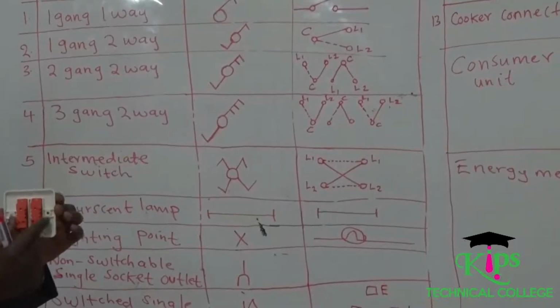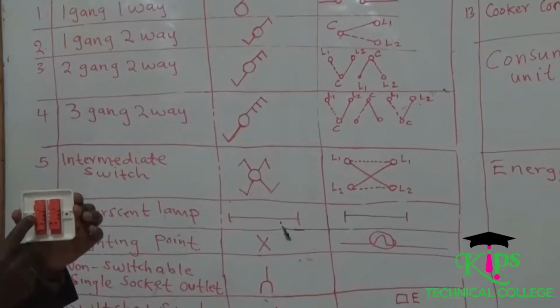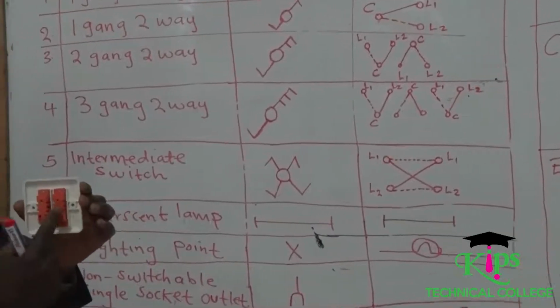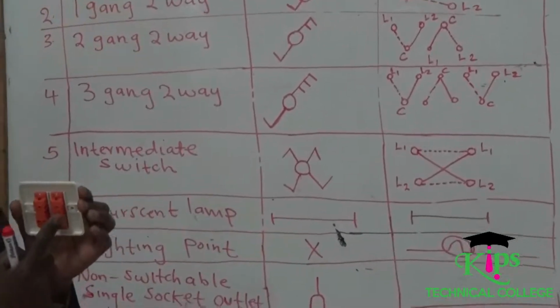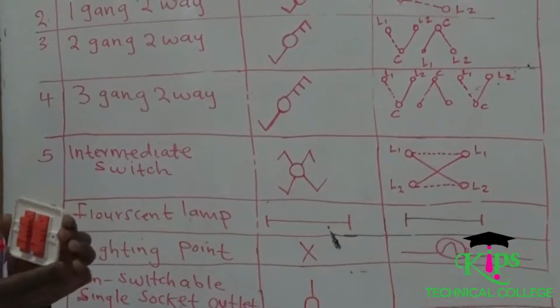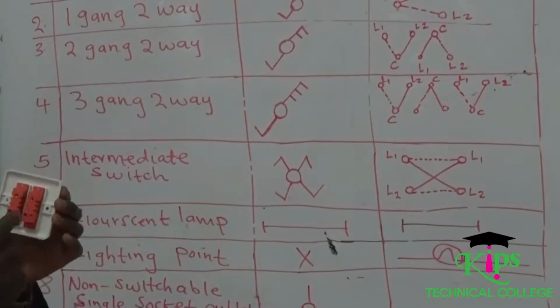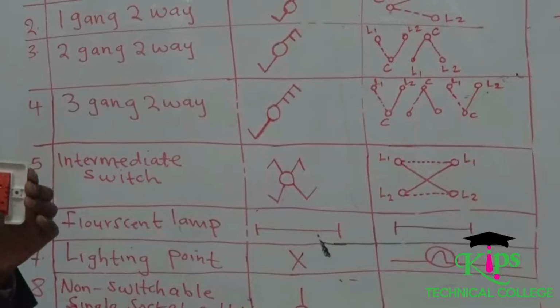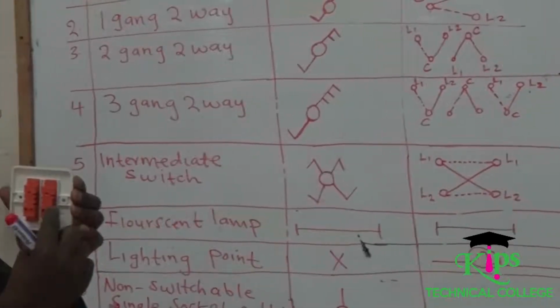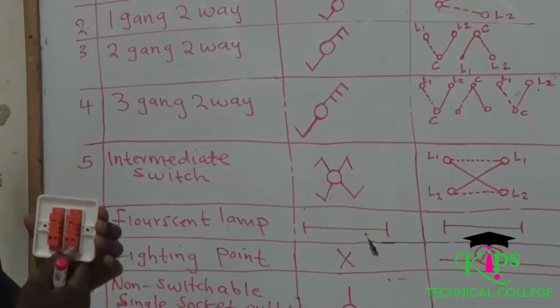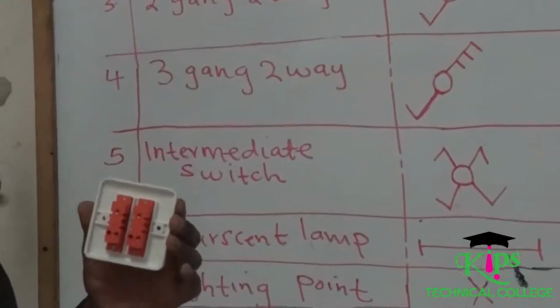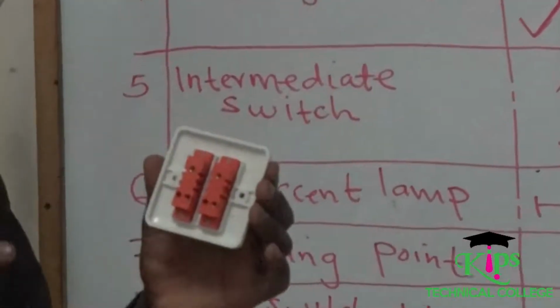And you can see this one represents gang 1, this one represents gang 2. All of them are two-way because the three holes are functional. The three holes in button 1 are functional, and the three holes in button 2 are also functional. That is why it's called a two-gang, two-way switch.